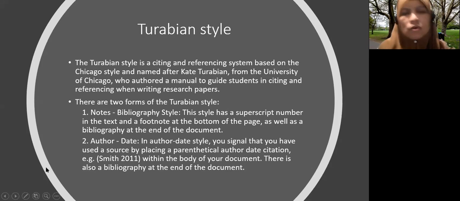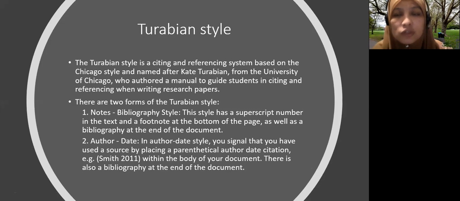It has more or less the same way as Chicago manual style, but if it is bibliography style, it has a superscript number in the text and a footnote at the bottom of the page, as well as a bibliography at the end of the document, similar to Chicago manual, right? Except that there are two ways of citing it. So either you use the bibliography style or you use the author date style, just like in APA.